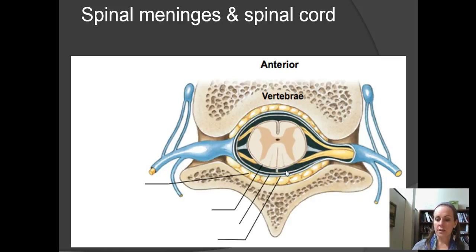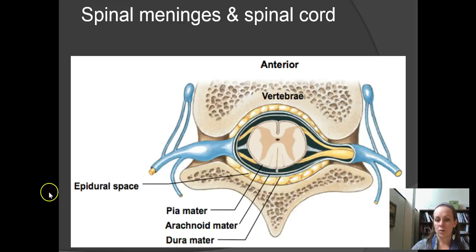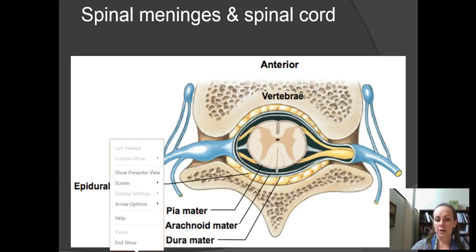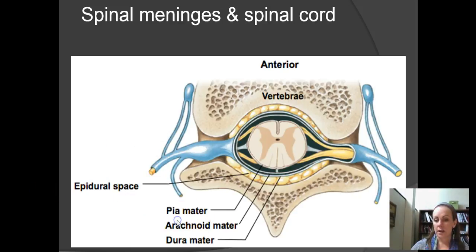If we look at these different regions, I actually want to show you the layers of the meninges first. So here's spinal cord, white matter, gray matter. Right next to it, this thin white layer is the pia mater.